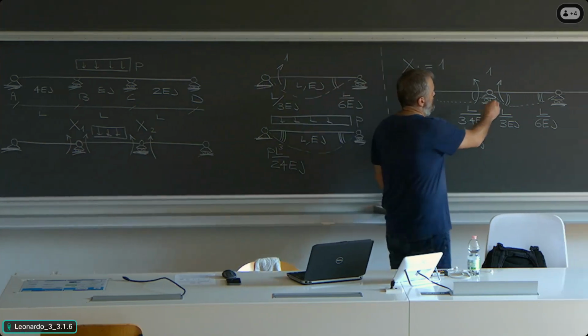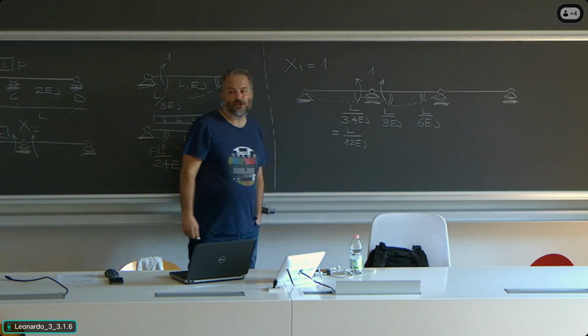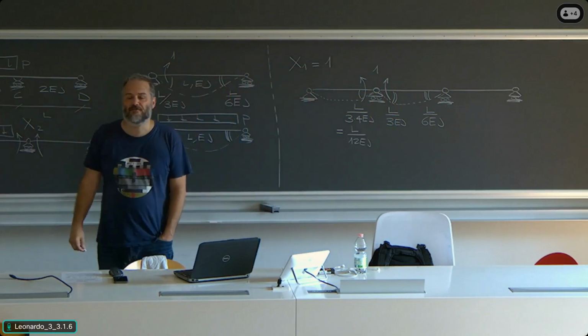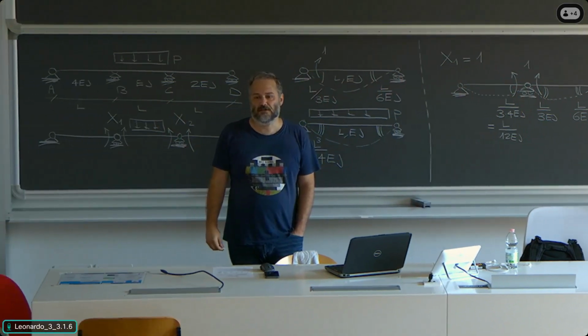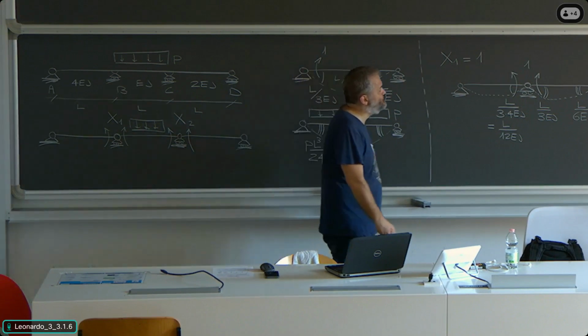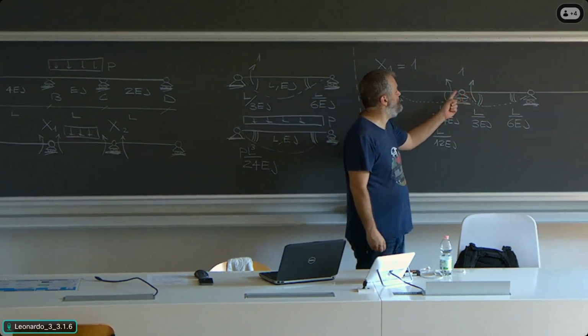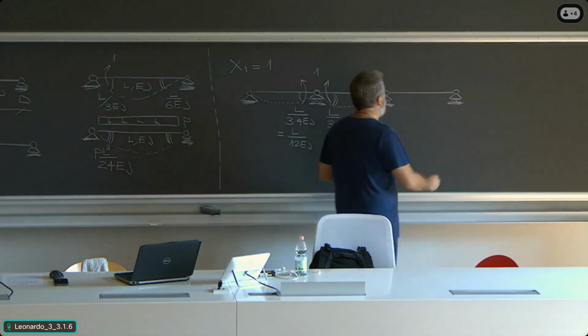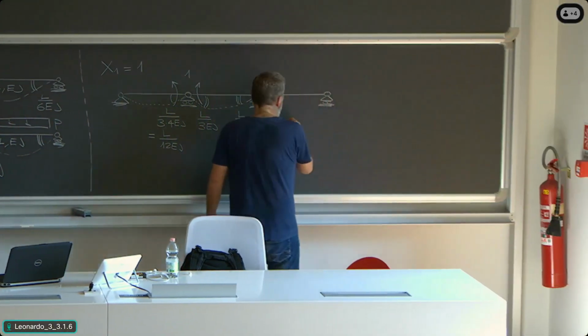What we usually do in order to write the system for solving the two unknowns is to sum the two terms related to this relative rotation here, and I call it delta 1,1.